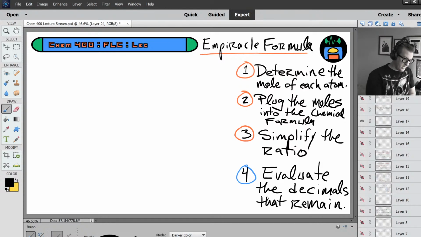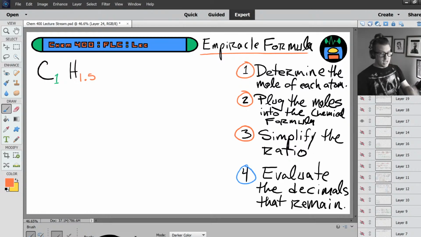Let's say we've got carbon and hydrogen, and we have just done step 3 and now we're on step 4, and we have 1 carbon and 1.5 hydrogen. How do you handle that decimal?